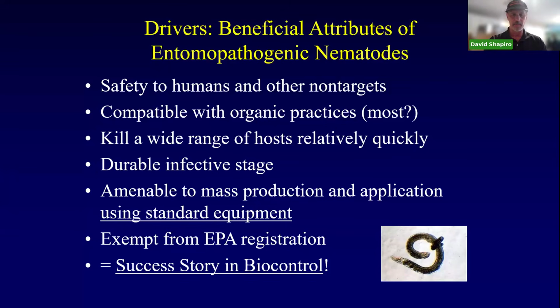Their extreme safety is well recognized, so much so that the nematodes often have a special status in terms of regulatory pressures, so that they're, for example, in the US, exempt from EPA pesticide registration.